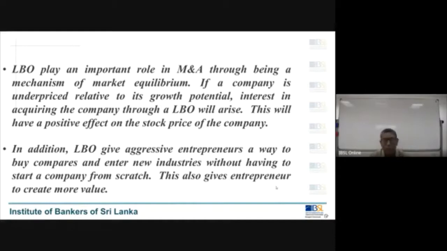What is a management buyout? A management buyout is also a form of acquisition in which a company's existing managers, that means your employees, acquire a large part or all of the company from a parent company.